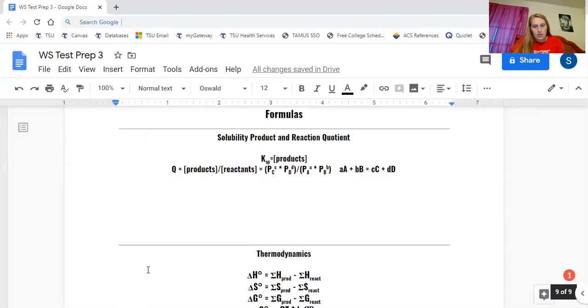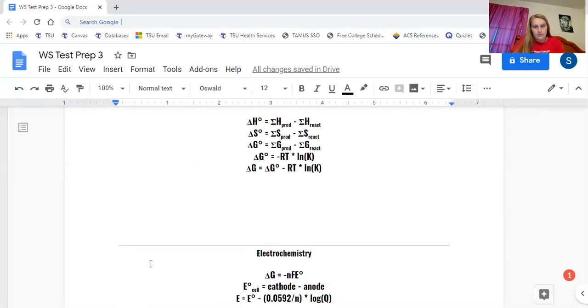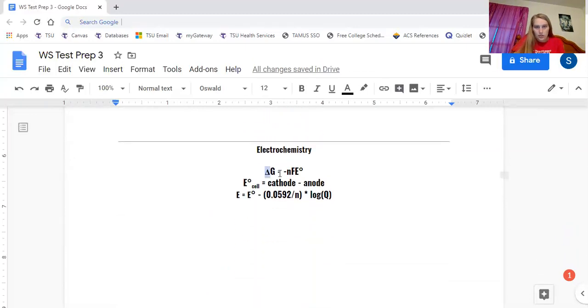So delta G, looking at this equation right here.